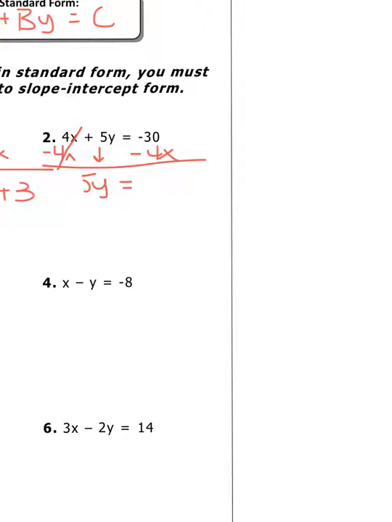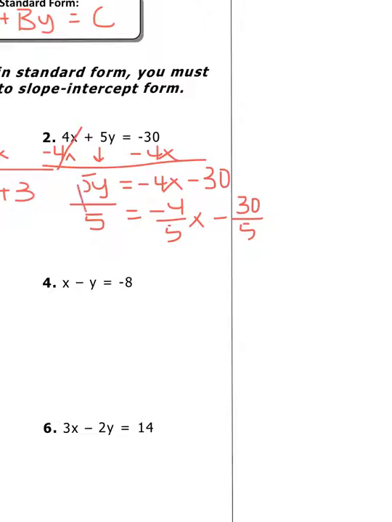So we have 5y equals negative 4x minus 30. Okay, is y by itself? No, we have to divide by 5 to get y by itself. Okay, so we're going to have negative 4 over 5x minus 30 over 5.